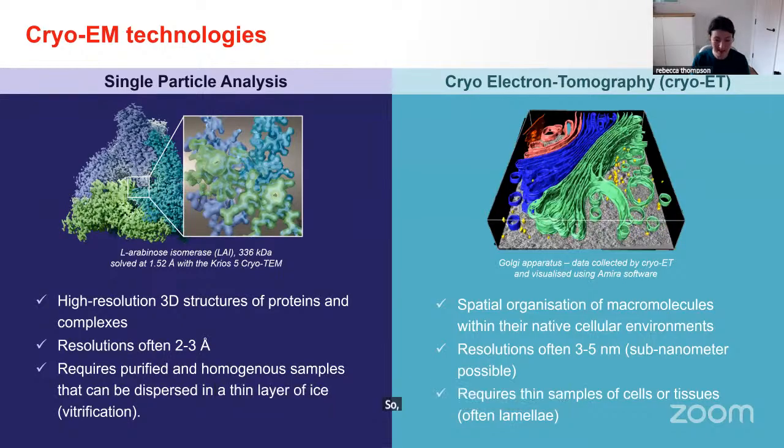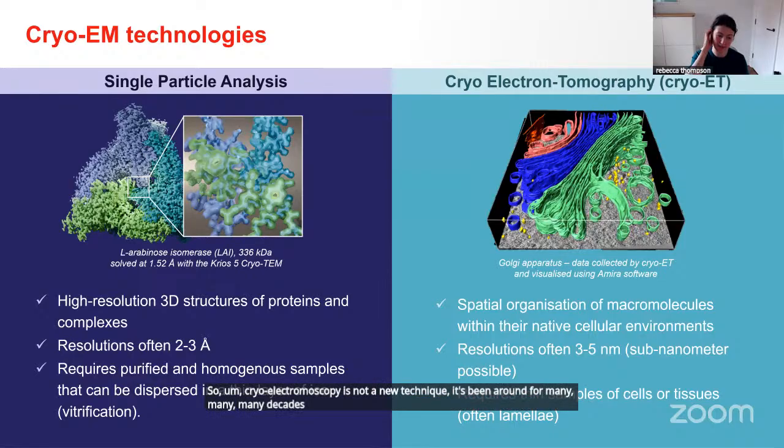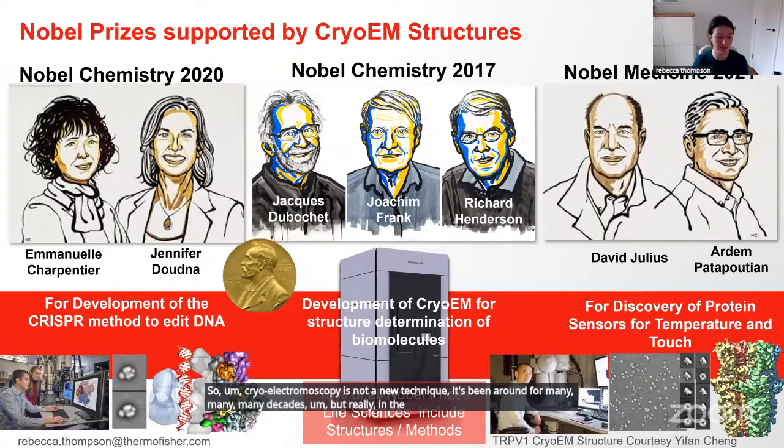So cryo-electron microscopy is not a new technique. It's been around for many, many decades. But really, in the last 20 years, and particularly 15 years, we've had an enormous revolution in terms of the technology and the software that's available. What's been really exciting is to see how this technology is being used.